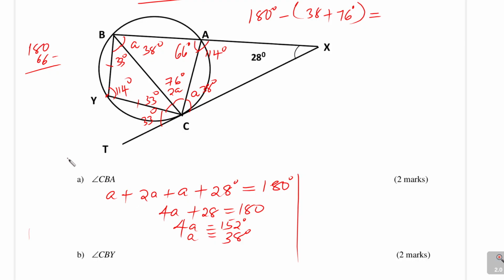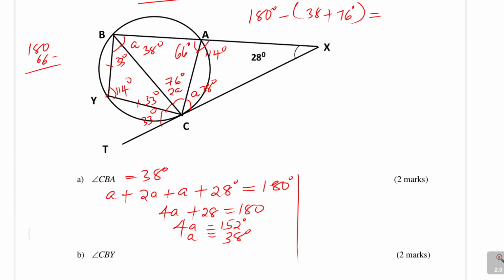The first one is this one here, angle CBA. So CBA is this angle that is here. So that angle is 38, and is actually the one that is here. So that angle is 38 degrees. And which reason did we give? We gave this reason here: the angles in the alternate segment. This angle, we got this angle here, A. It is in the alternate segment with this.